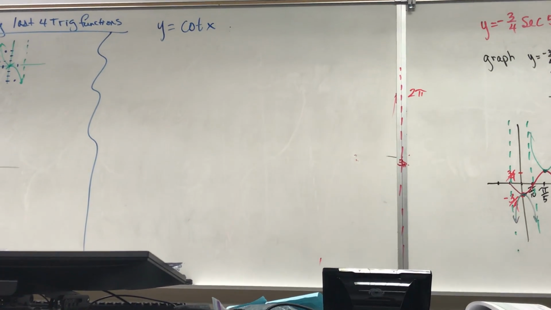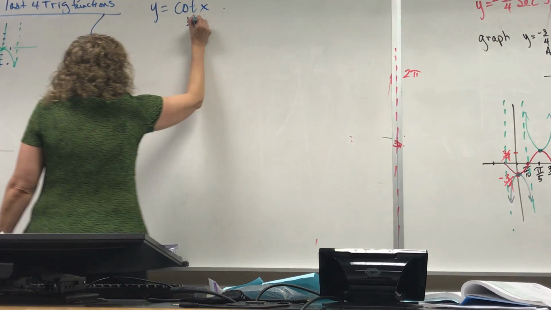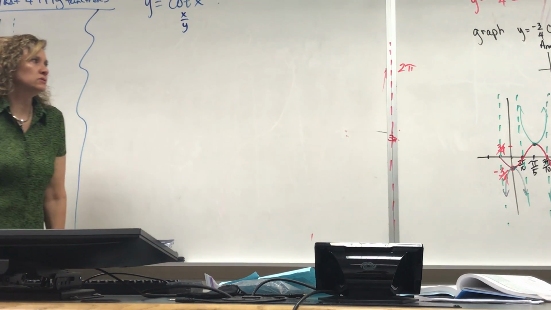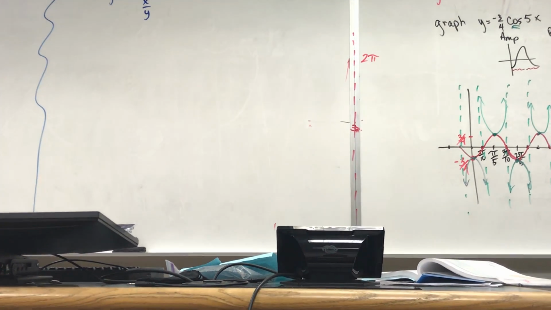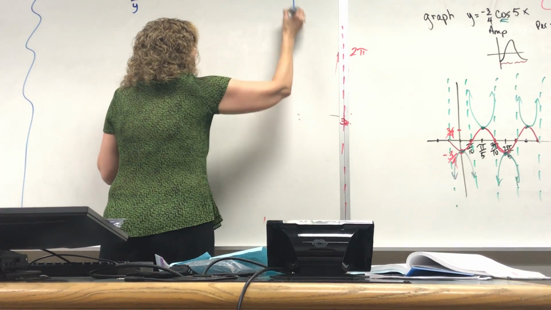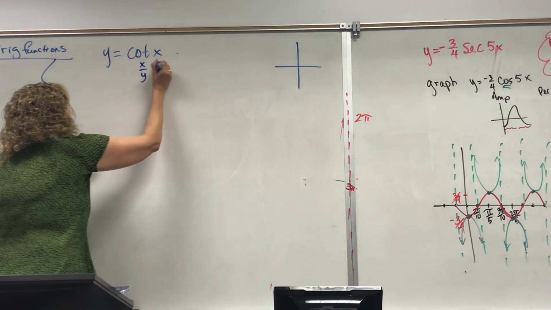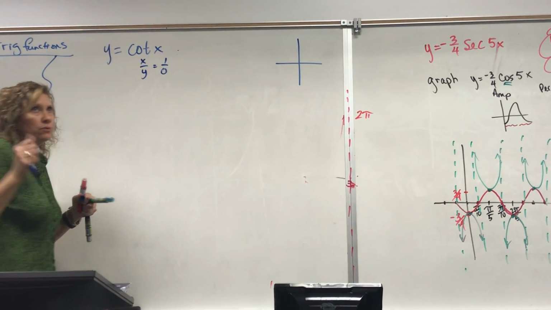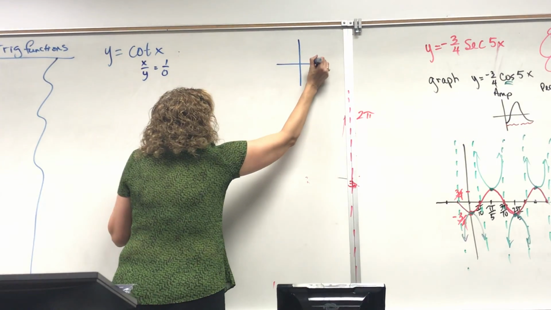Tangent is y over x, so now cotangent is x over y, which means my asymptotes are going to be in different plot spots. Now my asymptotes are going to be when y is 0, and if we say that's going to happen on one of our quadrantal angles, we need 1 over 0. Where does x have a value and y have a 0 amount?